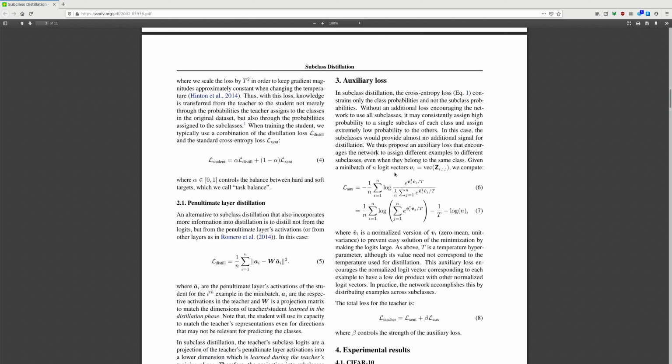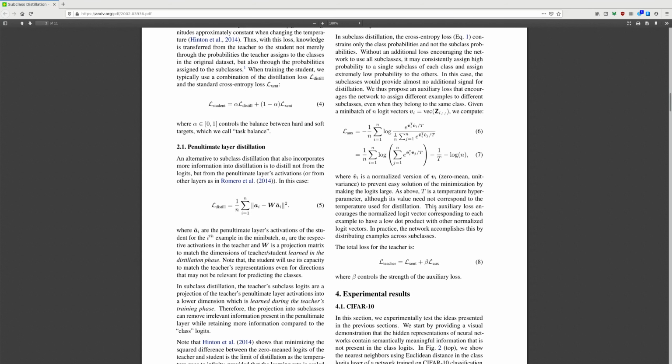So let me have a look once more. So in each batch they make sure that the dot product of the examples is low. Let me read this again. This auxiliary loss encourages the normalized logit vector corresponding to each example to have low dot product with other normalized logit vectors.